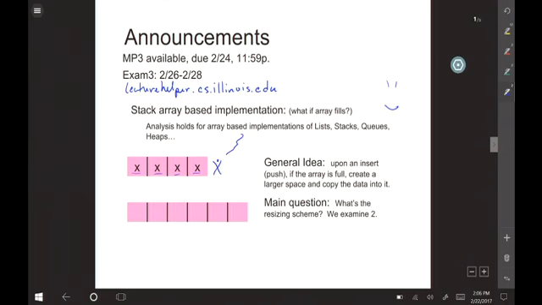Now, when that other piece of data comes along, we're going to do the following three things. Create a new, bigger array and copy the existing data into that array, like this. And then we're going to insert the new piece of data that came along. Any question about that at all?